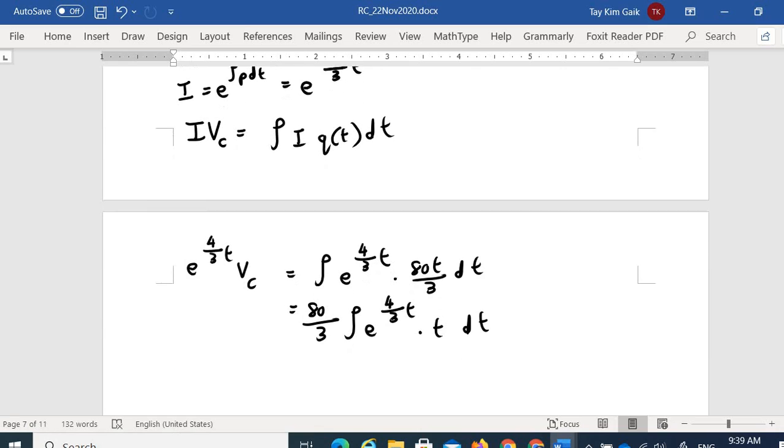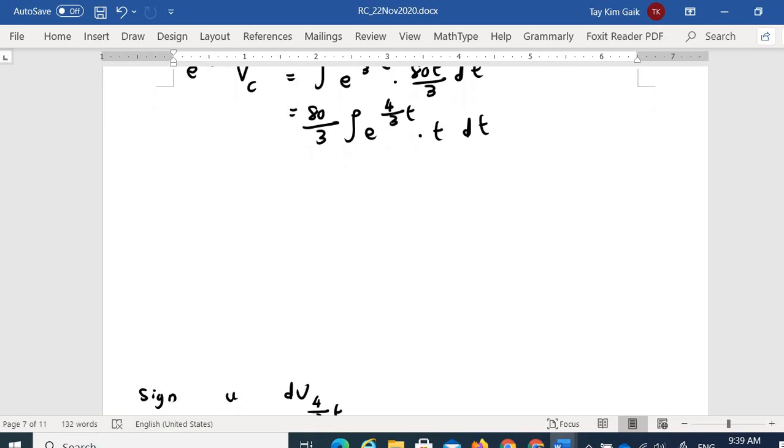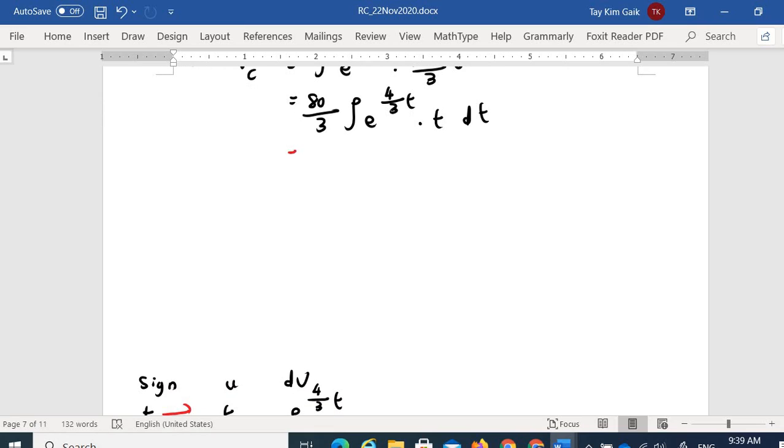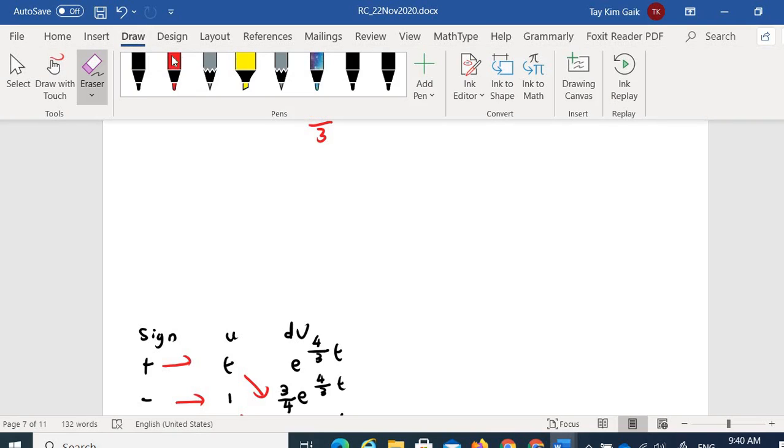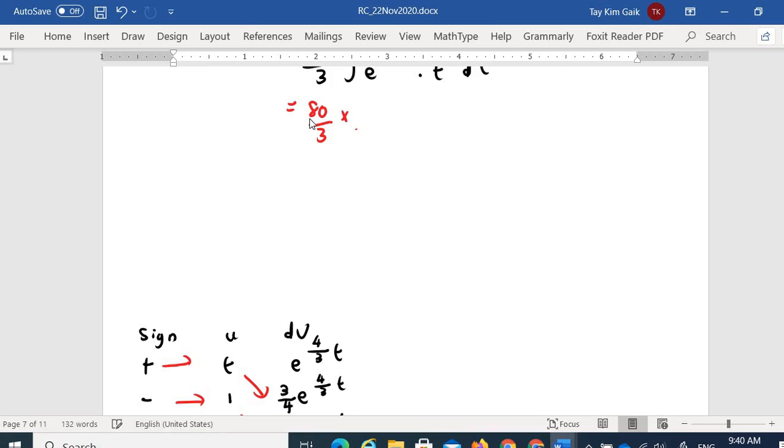So the result, we can interpret from the 80 over 3. T multiplies here, so times 3 over 4 exponent 4 over 3t, multiply t.